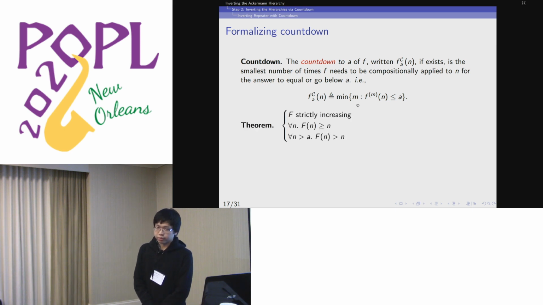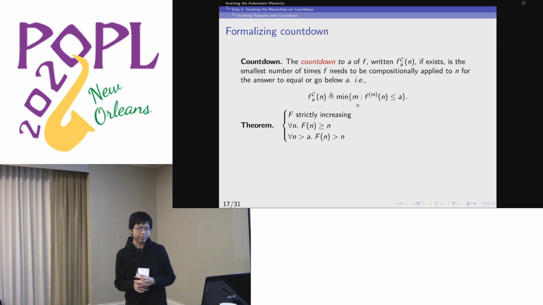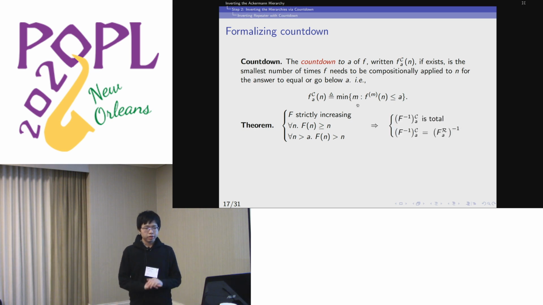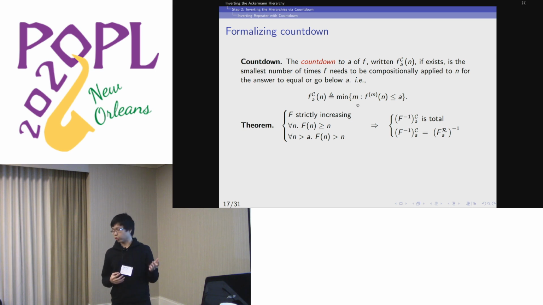And we have a theorem that is useful for us, which says that if f is a function that satisfies the three conditions, it's strictly increasing. The second means that it's kind of expanding on its input. And the third means that this expansion is strict whenever the input is larger than a. Then the countdown value always exists. It means that it's a total function.